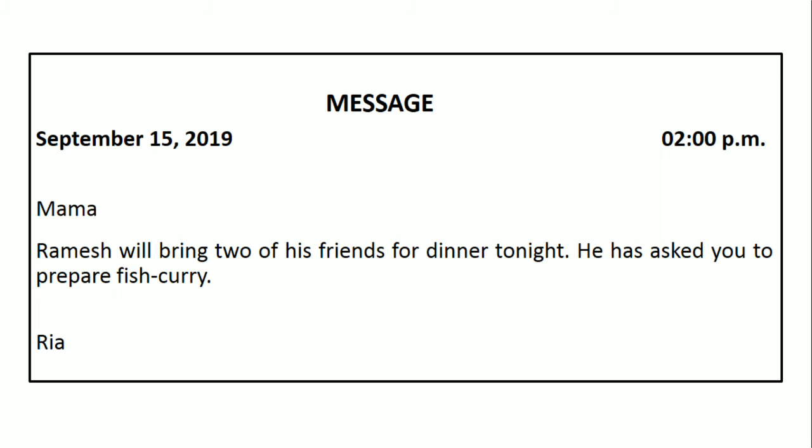So in salutation you will write Mama, and next body of the message, that is the main content of the message. Ramesh will bring 2 of his friends for dinner tonight. He has asked you to prepare fish curry, right? And sender's name is Riya, right? And keep in mind one important thing, that the whole message should be in a box. Okay.